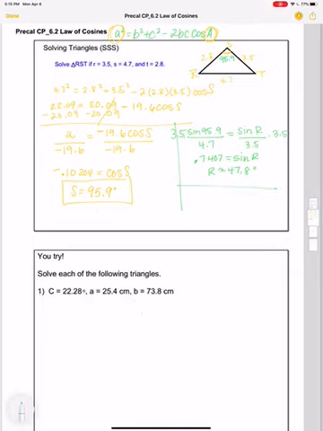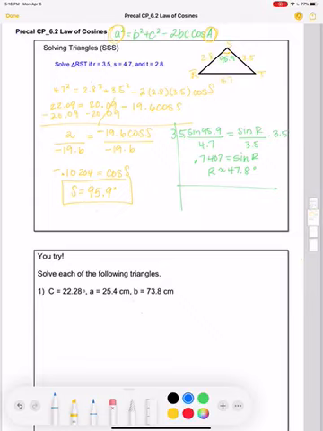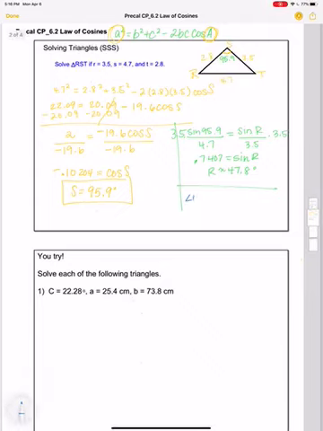And then to find my final angle, angle T, I can just do 180 minus 95.9 minus 47.8. So 180 minus 95.9 minus 47.8.